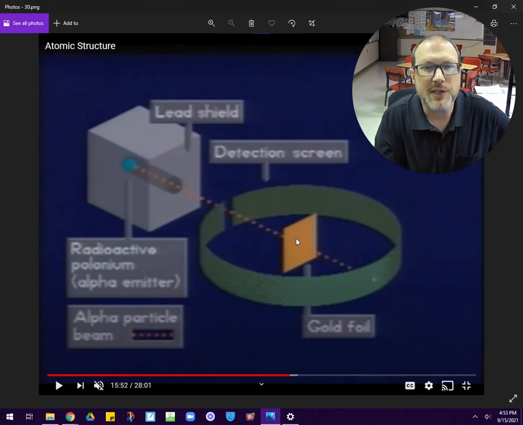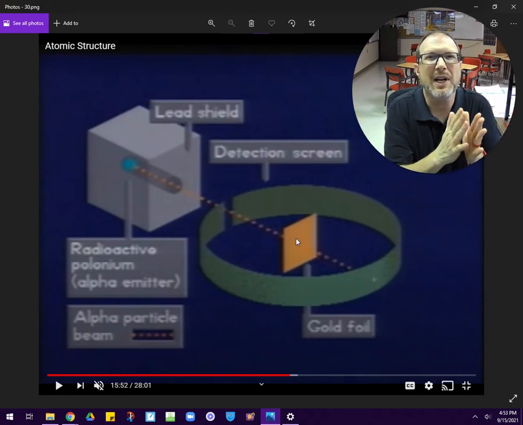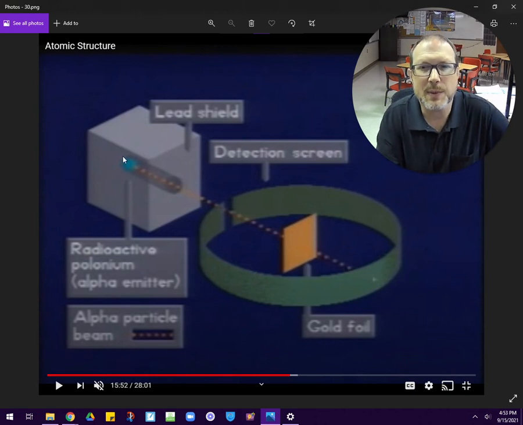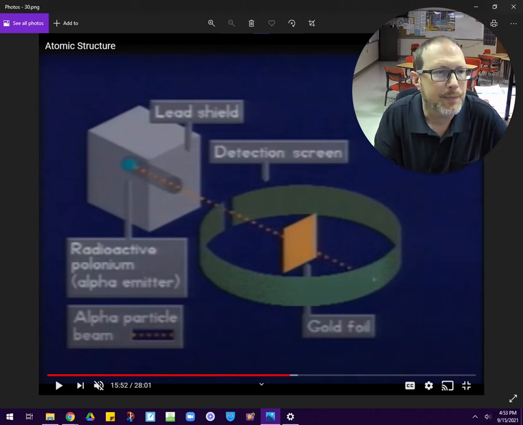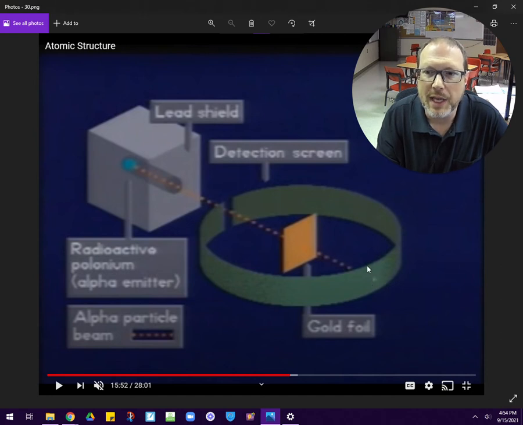And they used gold because you can get gold really, really, really thin. And so what he was doing is he was testing Thompson's model by setting up this sheet of gold foil, and he shot these particles at this sheet, and then when they got through, they would hit a screen on the opposite end.